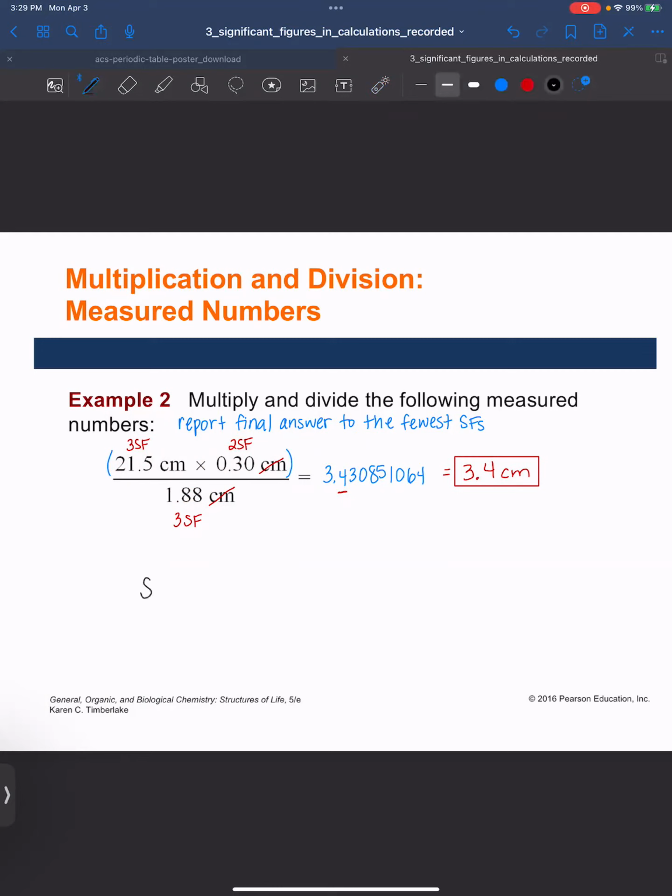So save rounding until the end of the calculation. And that is because we want to avoid rounding error.